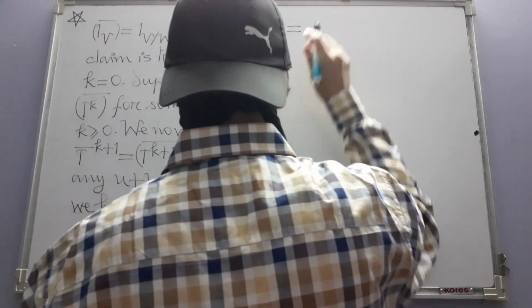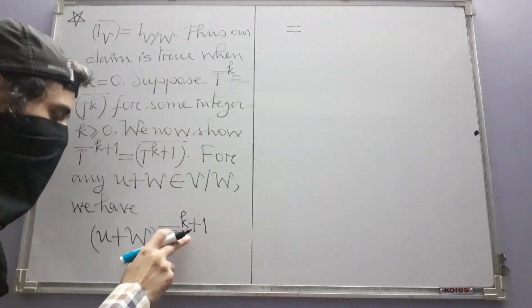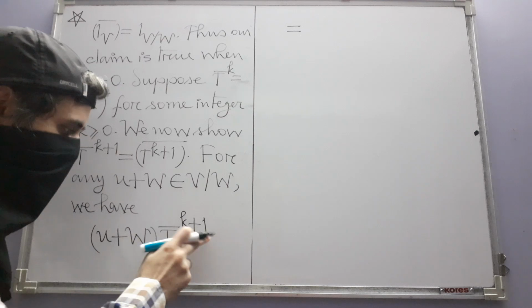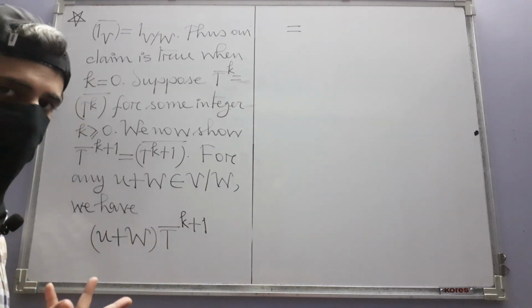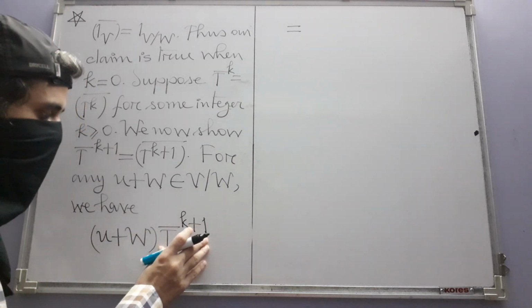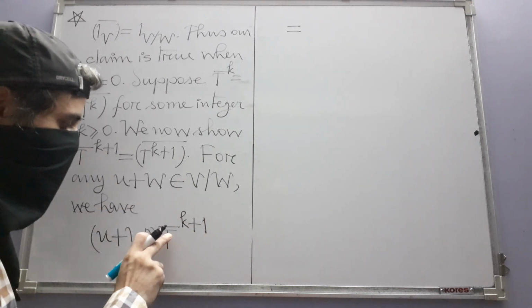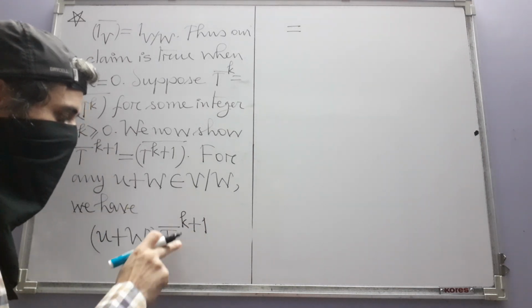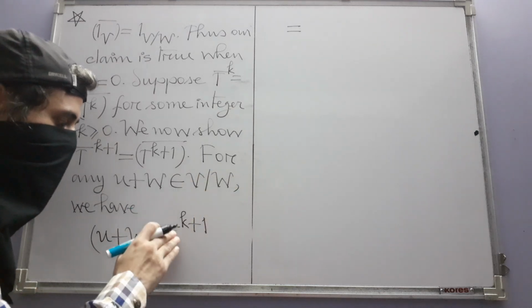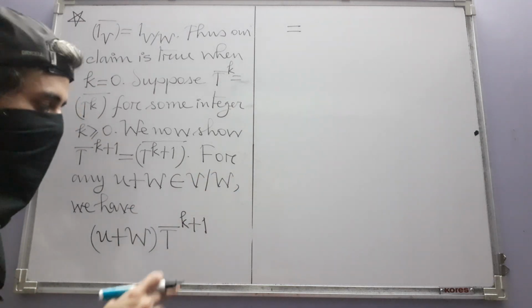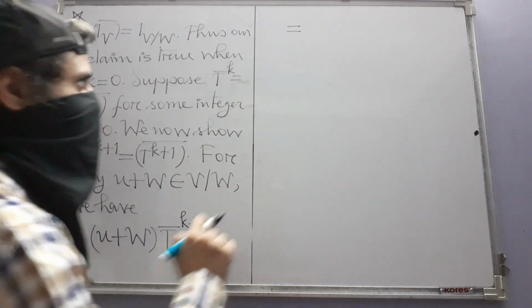Okay. Now, by the definition of integral power, actually you can write this power in two possible ways. You can either write this as t bar times t bar to the power k, or t bar to the power k times t bar. So the second one we are going to write here.